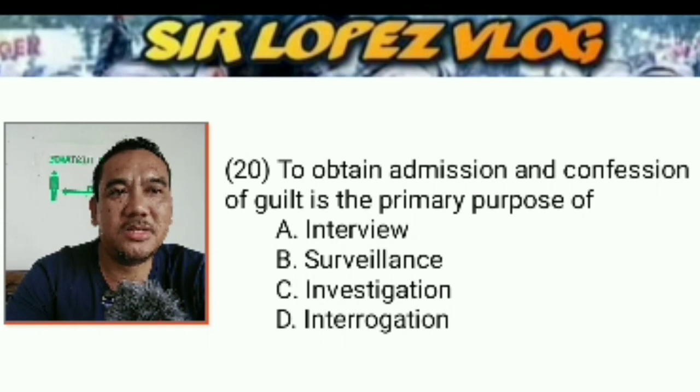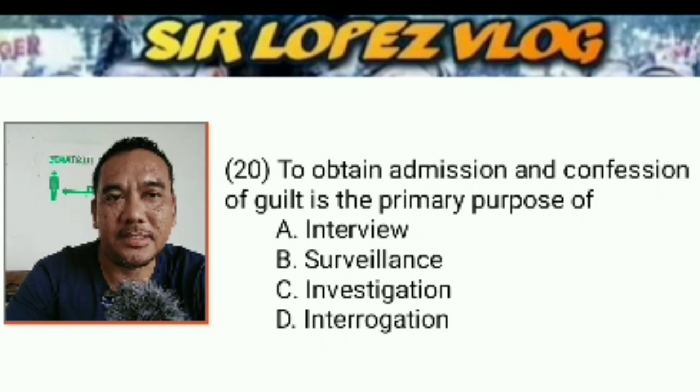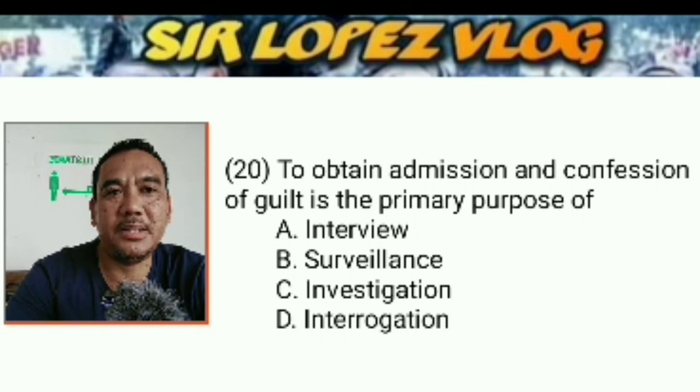To obtain admission and confession of guilt, it is the primary purpose of letter A, interview, B, surveillance, C, investigation, or letter D, interrogation. 21.